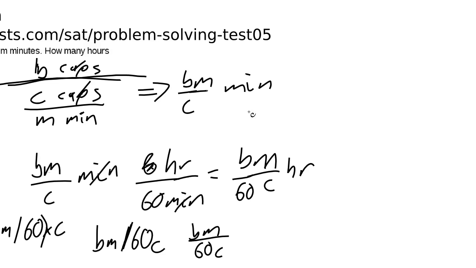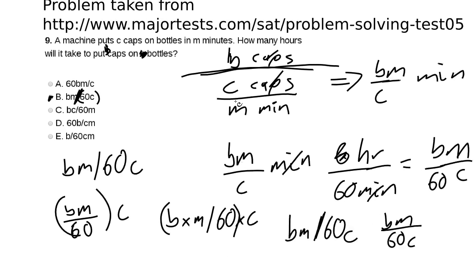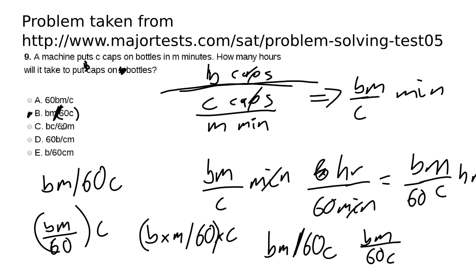But the more important thing here being just the method that I used was I always like to write out my units. In a question like this, the critical thing is, all of these answers have B, C, M, and 60 in them. That's one thing that I do like about this question.